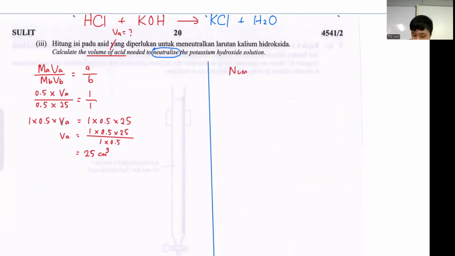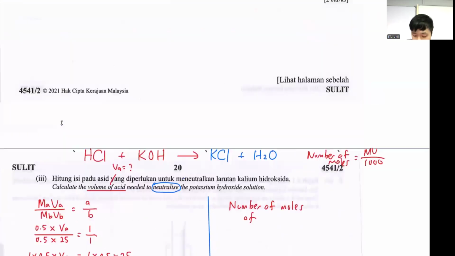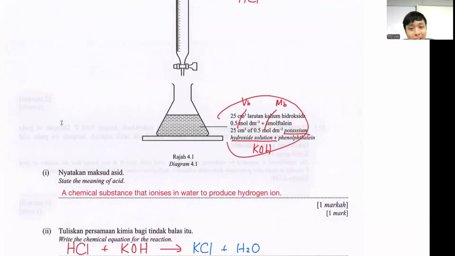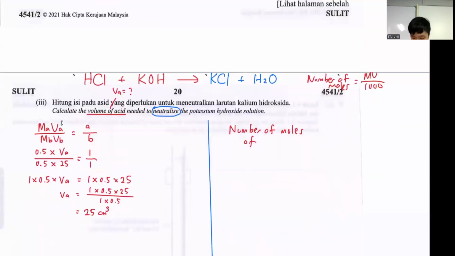Now you know, right? Number of mole formula is MV over 1000, when they give the concentration and the volume. So you see, KOH has the more complete information. So normally, of course, you start with KOH.